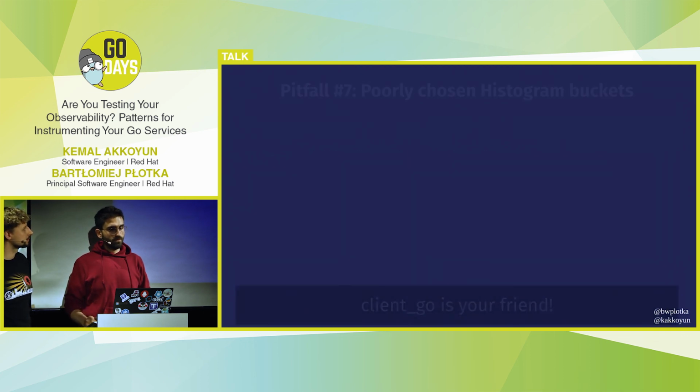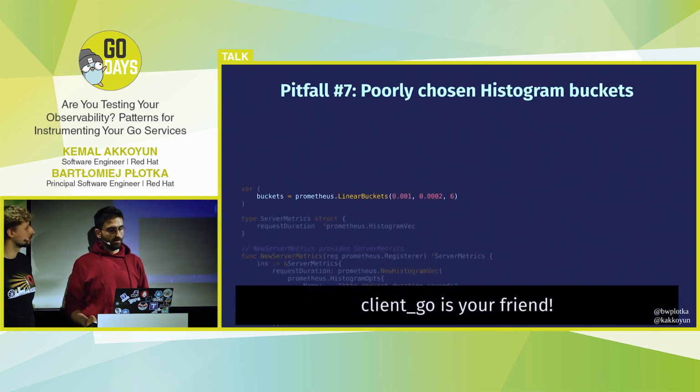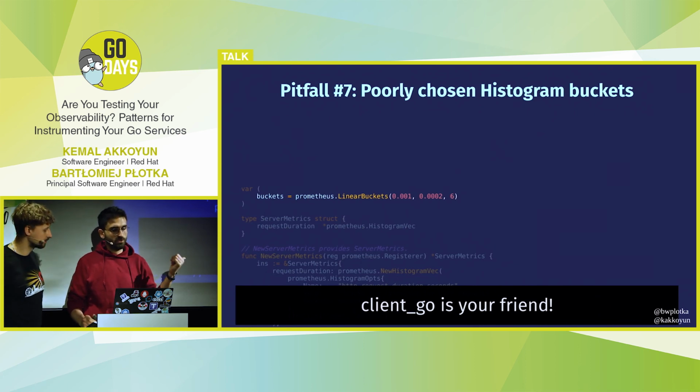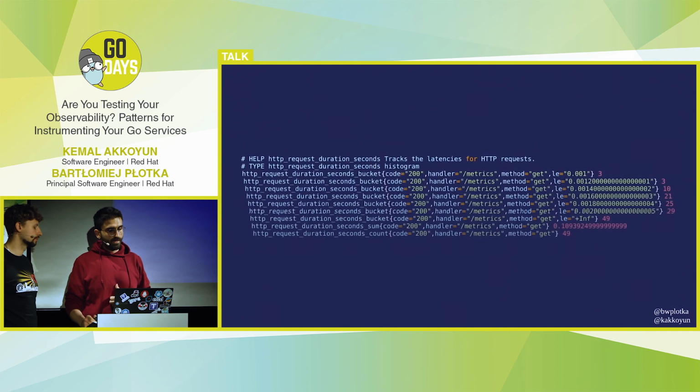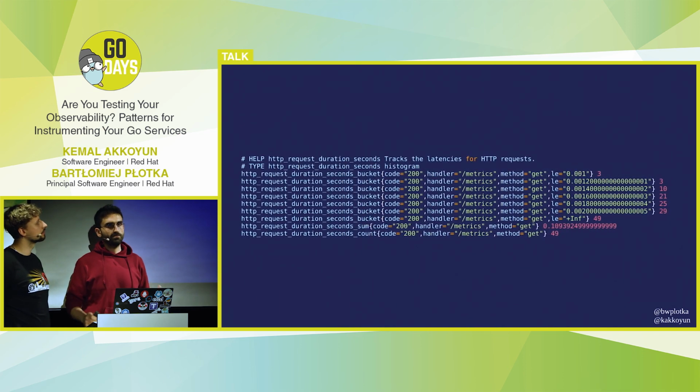So how can we fix this? Again, client Go is our friend. It can help us here, and we use a function over there, linear buckets, and we just put it in there. And by that, we have a more or less better distribution. But the most important part in this slide is: know your distribution.